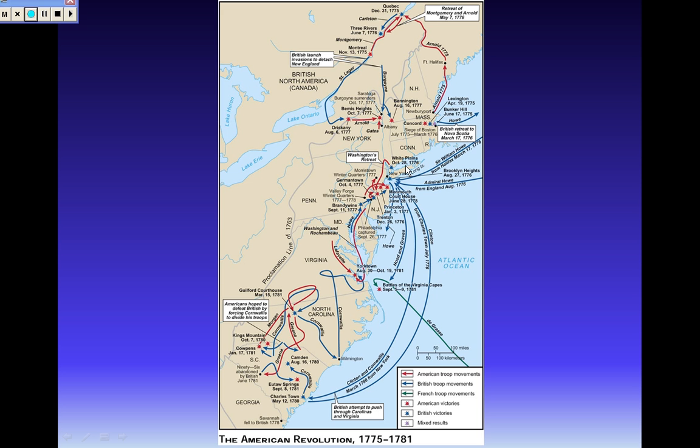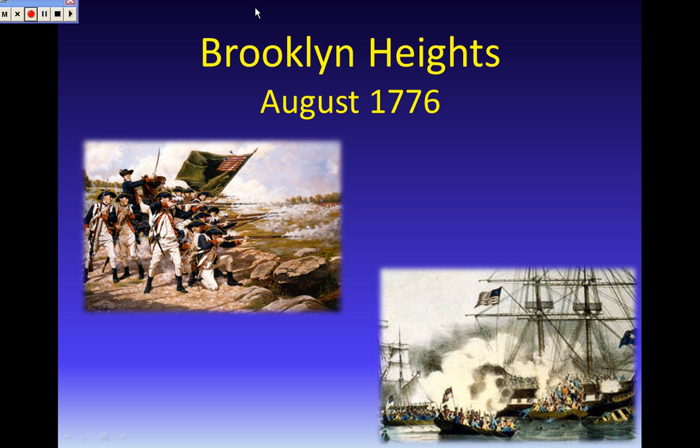You can see here's where Howe had left in March, gone up to Canada. Now they've come back, if you follow this line, to New York, and they will face off at the Battle of Brooklyn Heights in August. So this is the first time that Washington really uses his Continental Army to see what he's got.